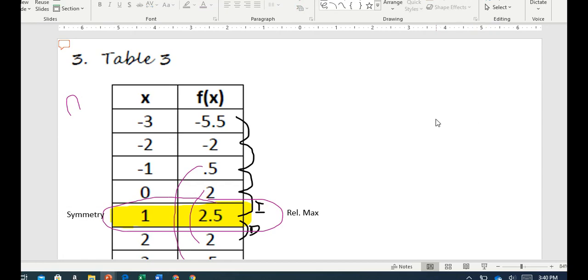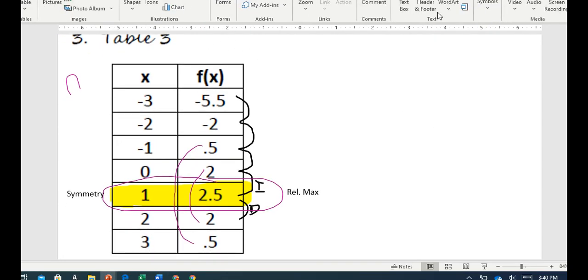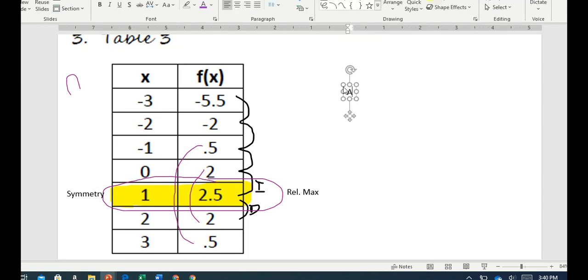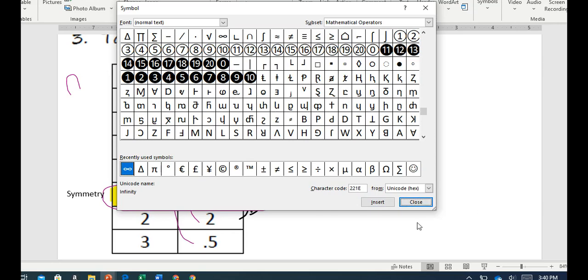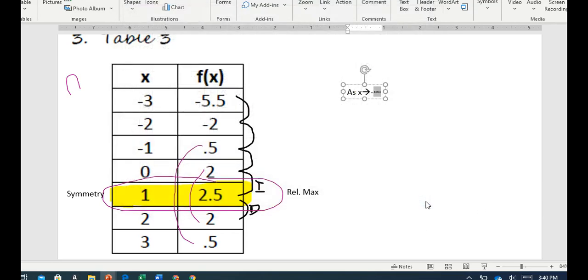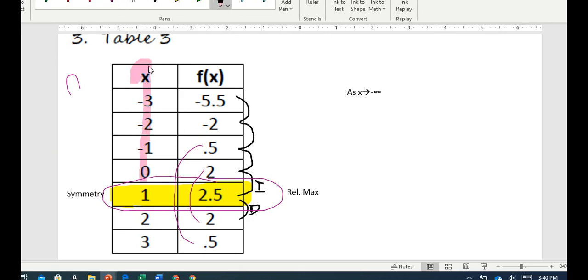Okay, now we're going to take a look at our end behavior. So as x is going towards negative infinity, as we're moving up our table of values, what is happening to our f of x values?